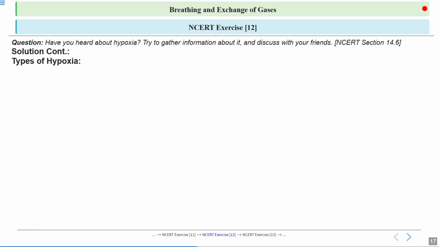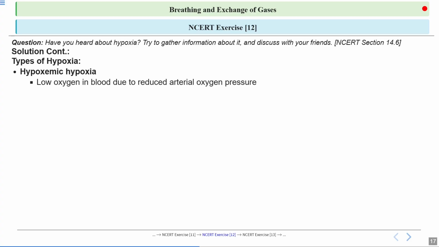Now we have different types of hypoxia, because there could not be just one reason, there could be many reasons. Let us see the different aspects of this particular condition. Hypoxemic hypoxia: low oxygen in blood due to reduced arterial oxygen pressure.